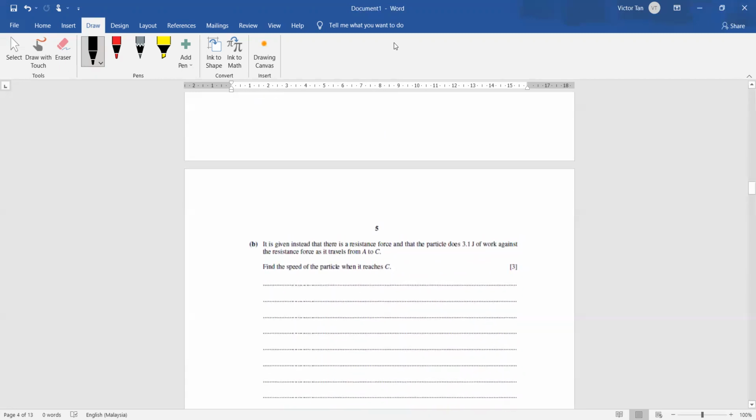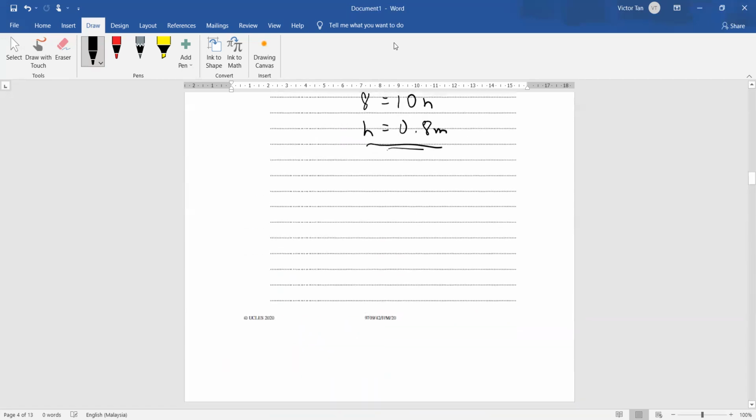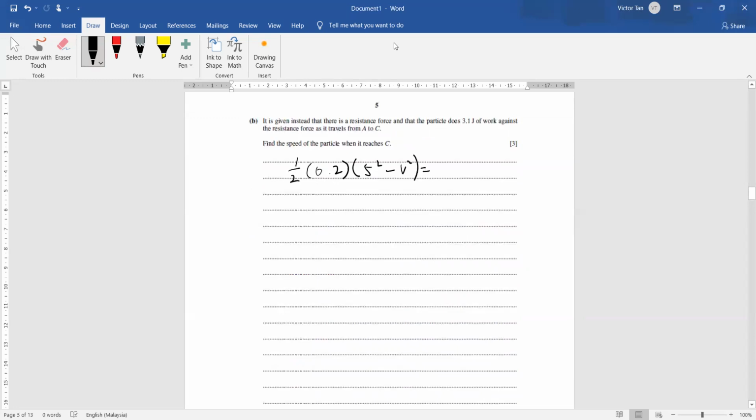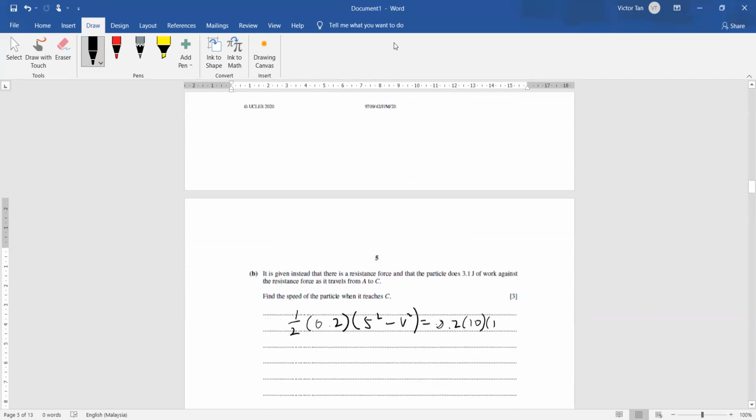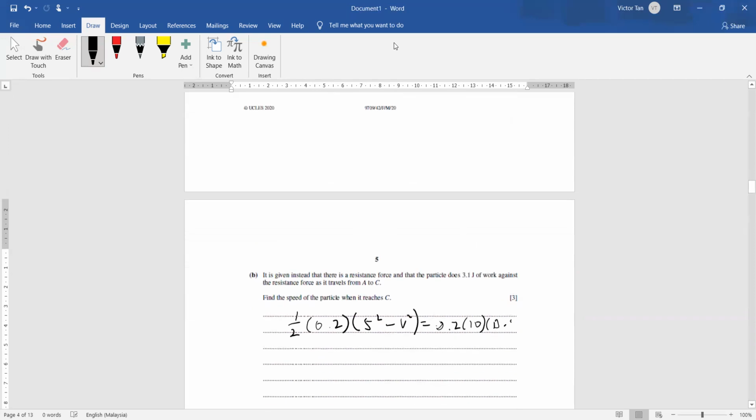Okay. Again, the loss of kinetic energy, half m times 5 squared minus v squared. Using the m, you cannot cancel. Equals mgh, 0.2 times 10 times the h, 0.8, plus the work done.